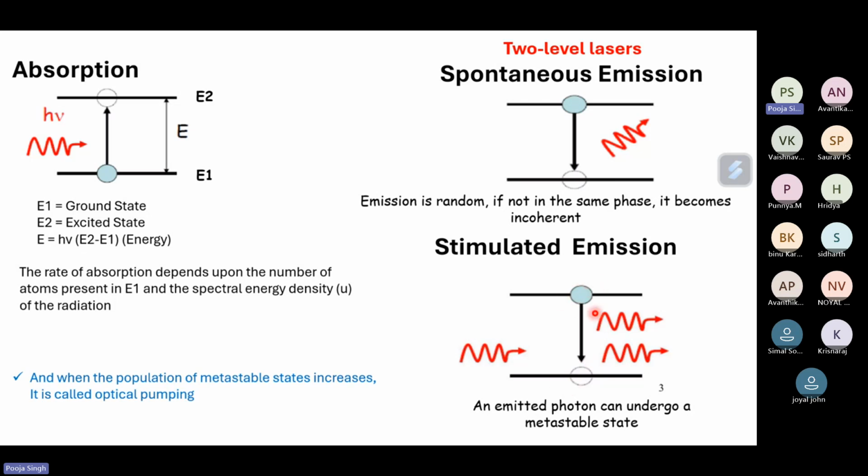Why does it happen? Because in the excited state your electron is stable. Generally, if it is not stable, it immediately goes to the lower state and releases the photon. But if your excited state is stable, then in order to come back into the ground state, you have to apply external sources.